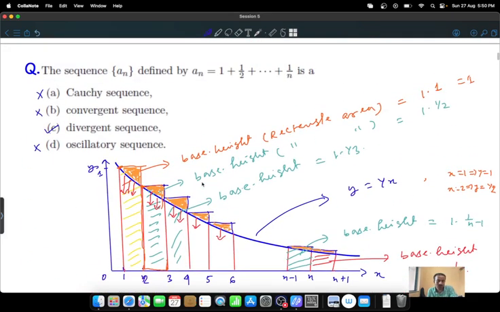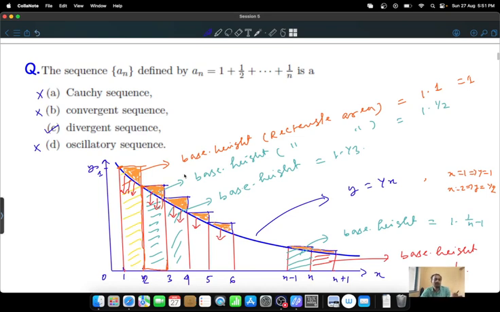I hope this was interesting for you. You can apply the same idea not only for this particular problem. Here the function is 1 by x. Whenever you find a series like log x by x, or any series that has positive terms and you know the graph, then you can have a look at the graph, and without any test of the series, by picture you can conclude whether the series is convergent or divergent.